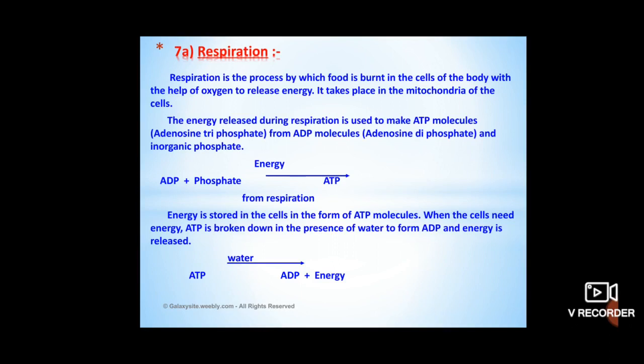How the transportation takes place is a concept we will discuss later. After the transportation, the food reaches each and every part of the body's cells. But that food doesn't provide energy directly.